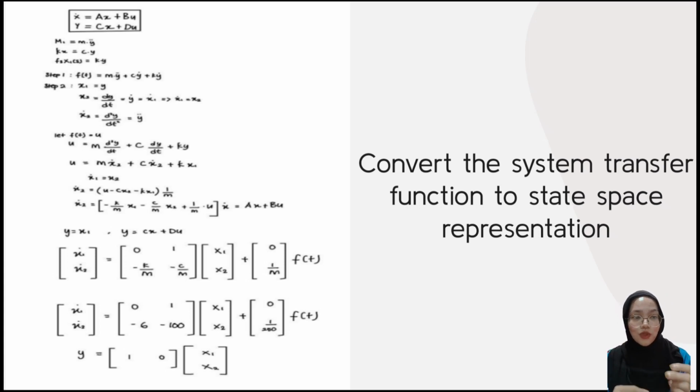Then we just put the value at the formula that given, and just follow the step. And lastly, we can get the y equal to 1, 0 for the matrix. Alright, that's all.